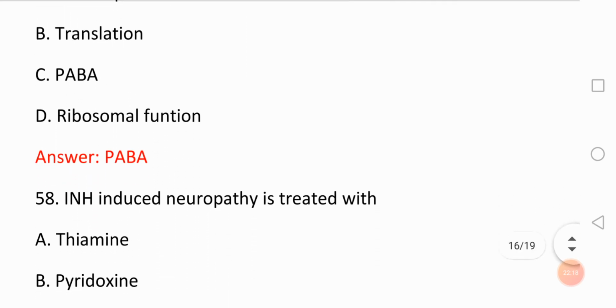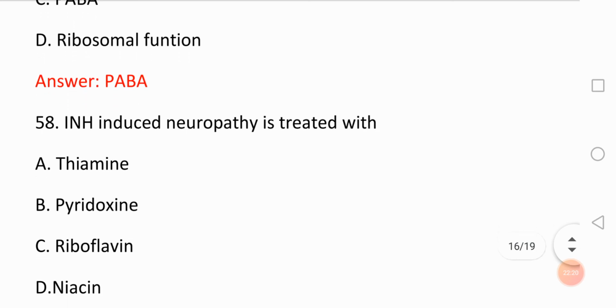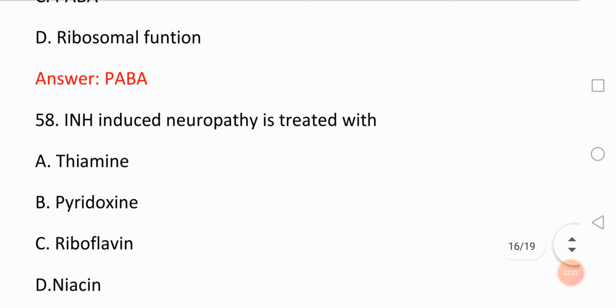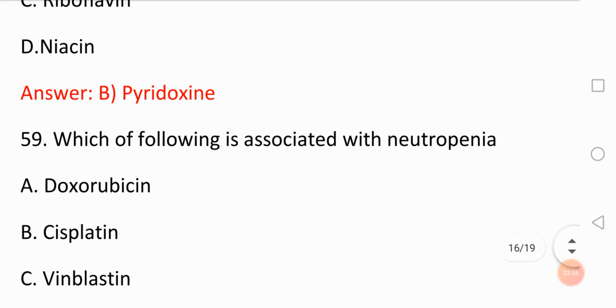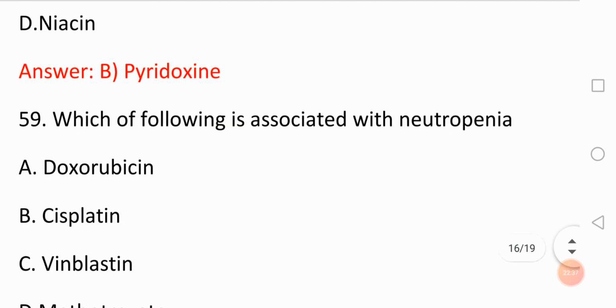Next question. INH induced neuropathy is treated with A. thiamine, B. pyridoxine, C. riboflavin, and D. niacin. And the answer is B part, pyridoxine. Which of the following is associated with neutropenia?